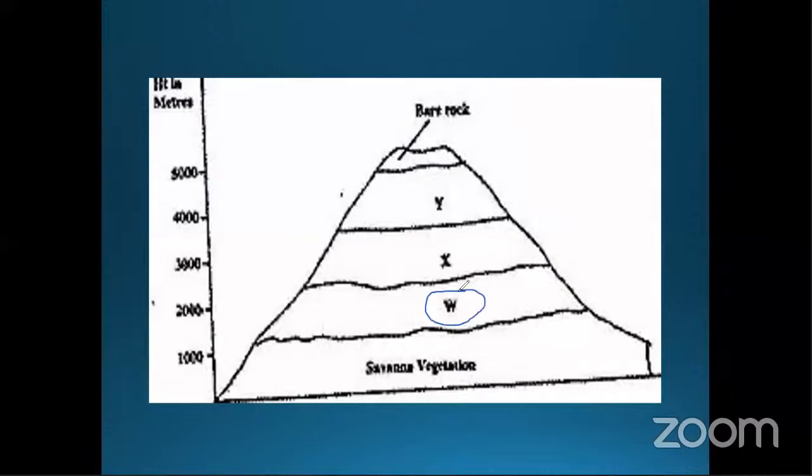Here on W, what type of vegetation? Grassland vegetation. Come again? Grassland vegetation. Let me see, who is that? Put up your hand.